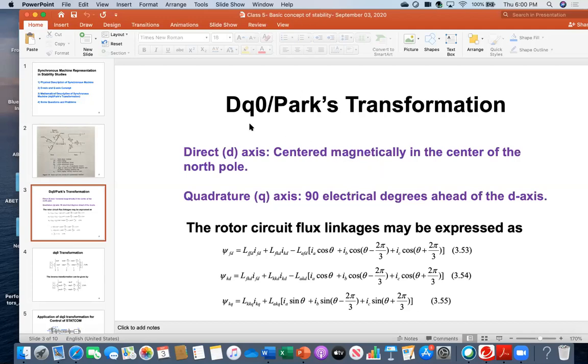Same thing, what is the significance or essence of this system? It makes a time dependent system into time independent. It is only dependent on theta, and that makes my life easy. Then I will be calculating a huge network problem with the help of DQ0 components. At the end, I can convert back into the time dependent function so that I will not end up with multiplication or other things.